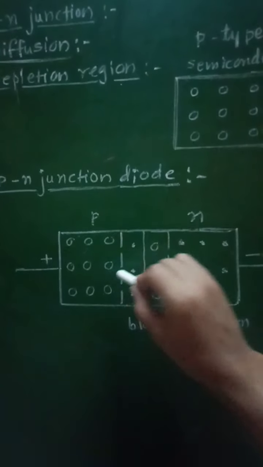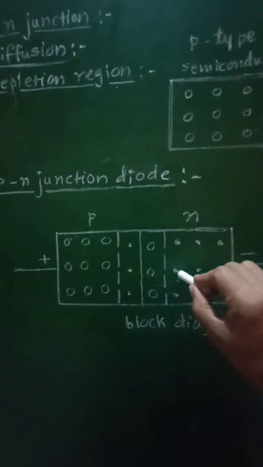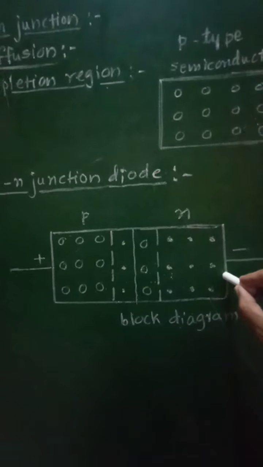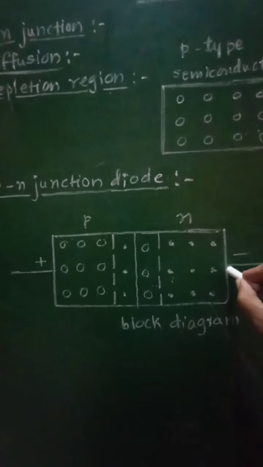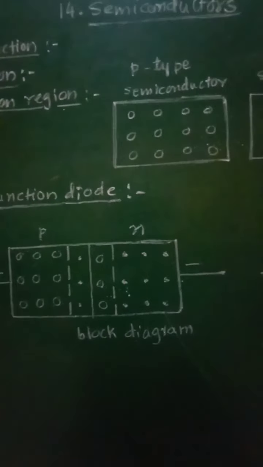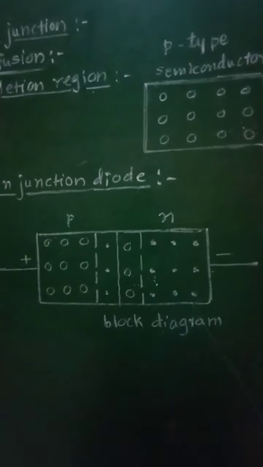So such a combination of P-type semiconductor and N-type semiconductor, when connected with two metallic connections, will act as a PN junction diode. So this is the block diagram for PN junction diode.